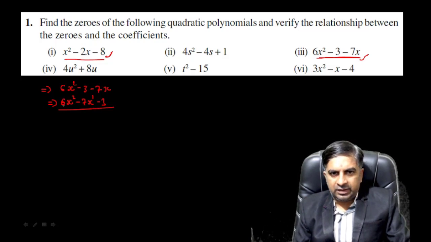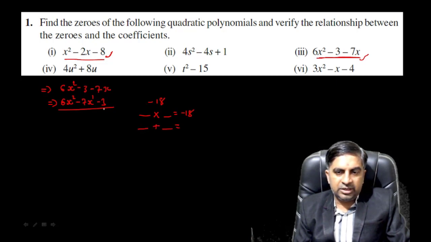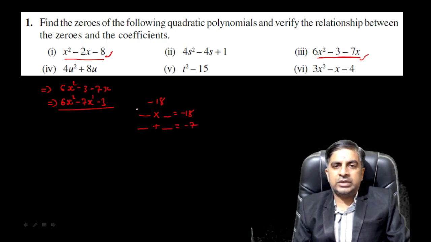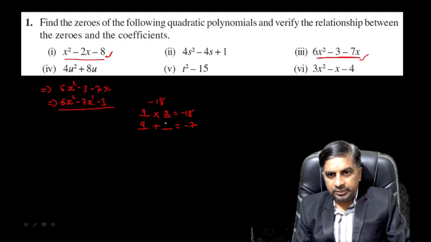We know 6 threes are 18, and 6 is positive and this is negative, so the product is minus 18. Now find the factors of minus 18 in such a way that the multiplication becomes minus 18, but the addition becomes the middle term, that is minus 7. 9 twos are 18, but 9 plus 2 is 11.